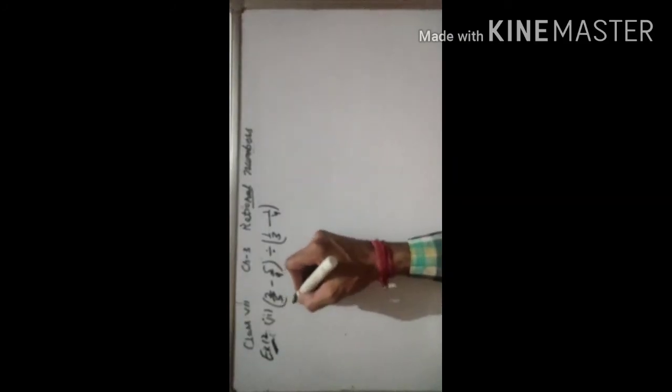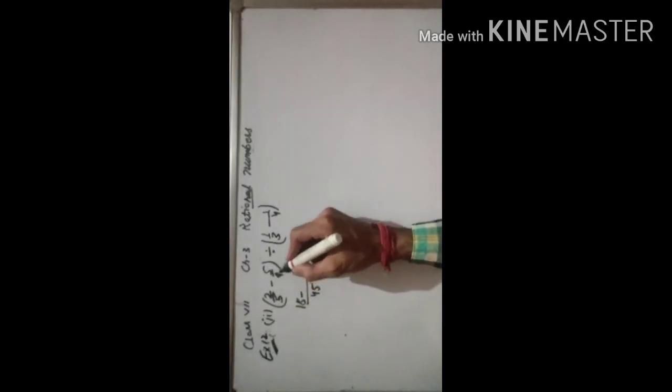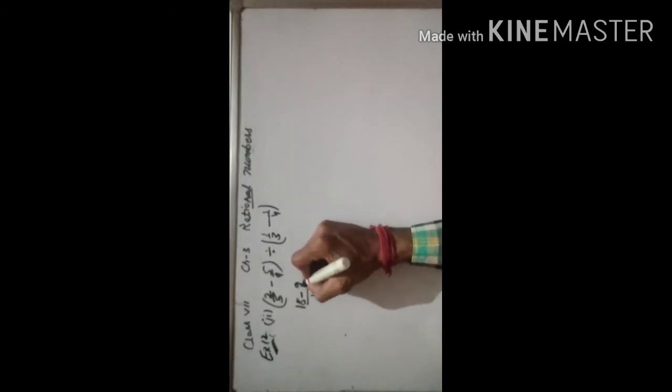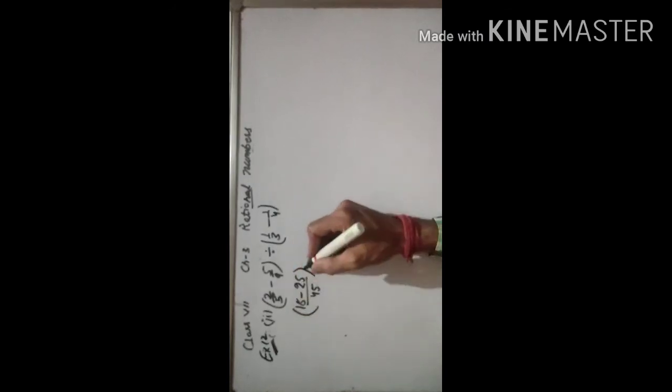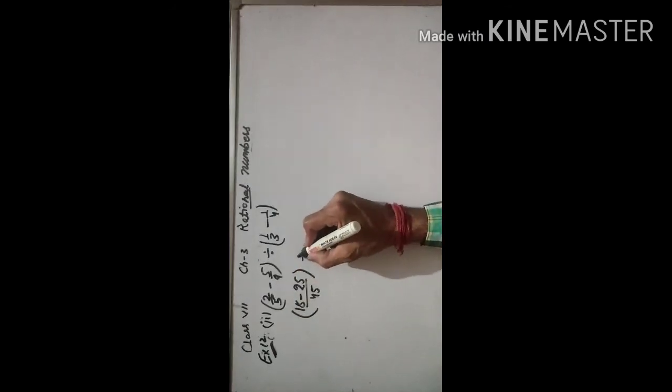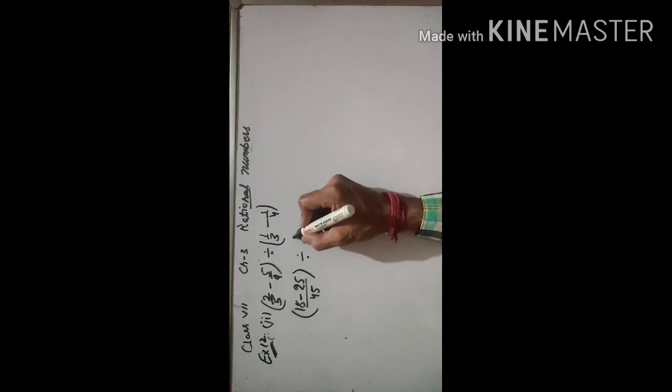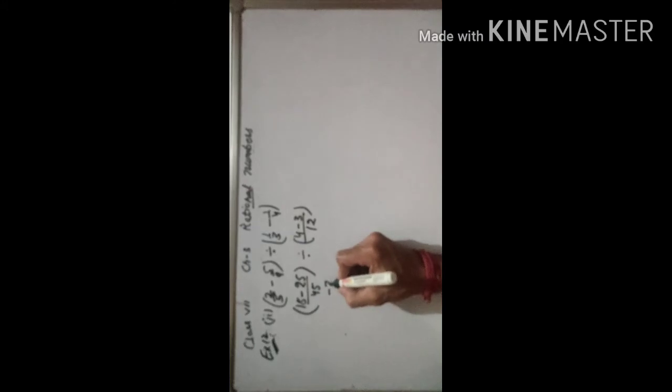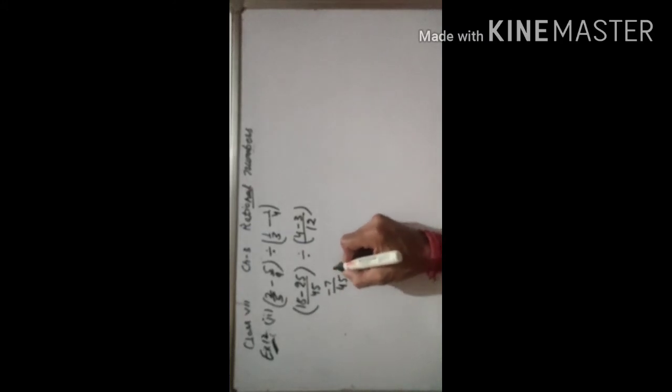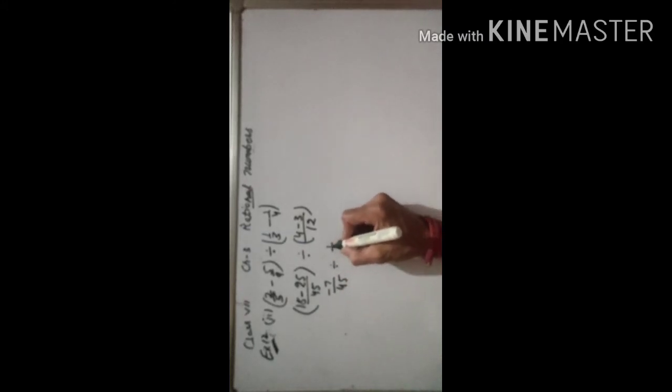45 is the LCM. 18 minus 25 over 45, divided by 12 LCM, 4 minus 3, that is minus 7 by 45 divided by 1 by 12.